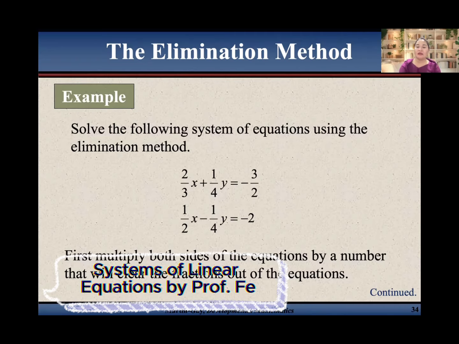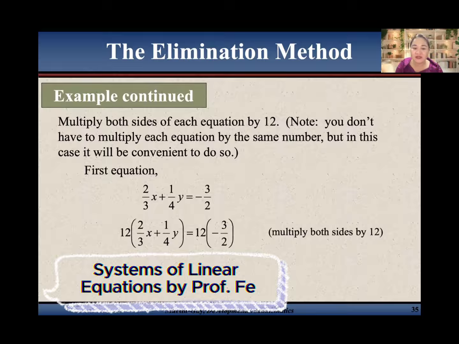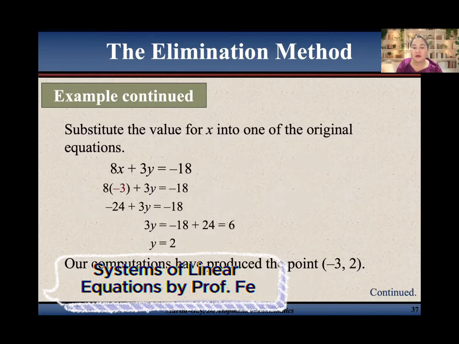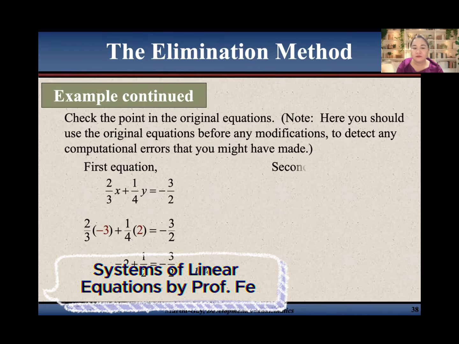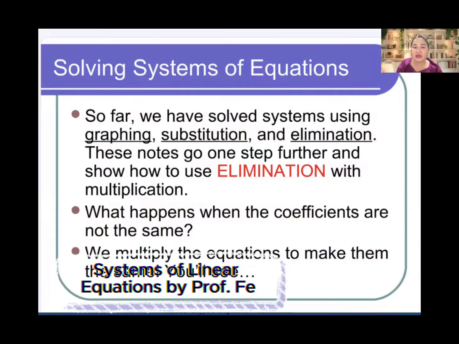Then another equation, 1/2 x minus 1/4 y. So they have the same coefficient for y, so you can simply add these two equations. It's very easy since you're going to add. You can eliminate y.